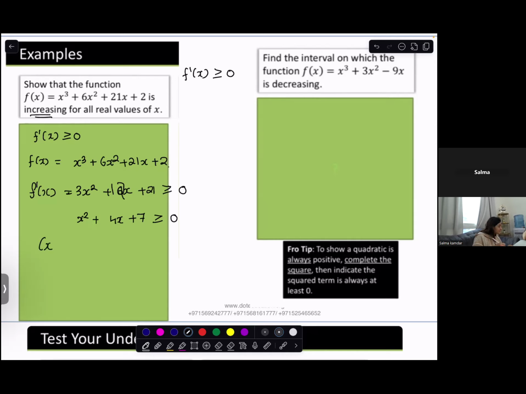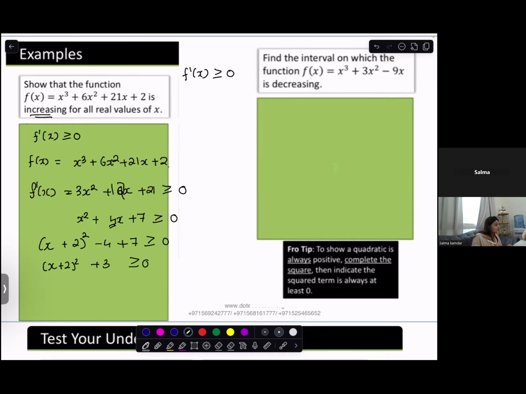I'll take x, so this is going to become x plus 2 whole square. Then for this 4, I will do minus 4 plus 7, right? Is greater than or equal to 0. So x plus 2 the whole square plus 3 is greater than or equal to 0.